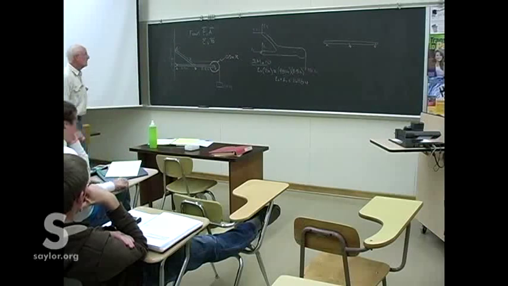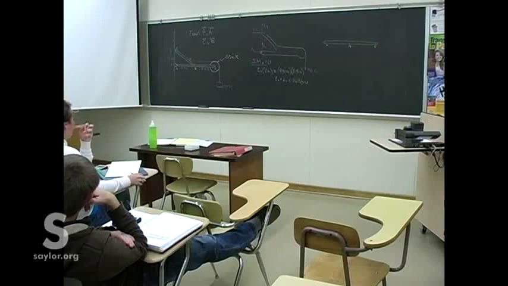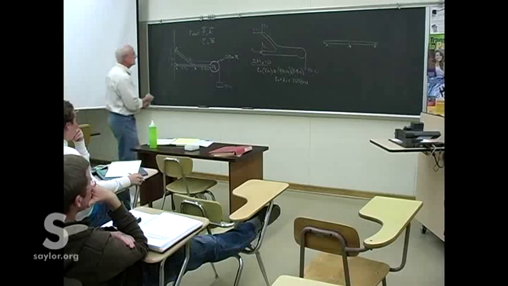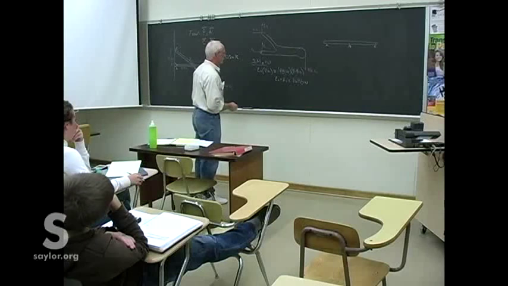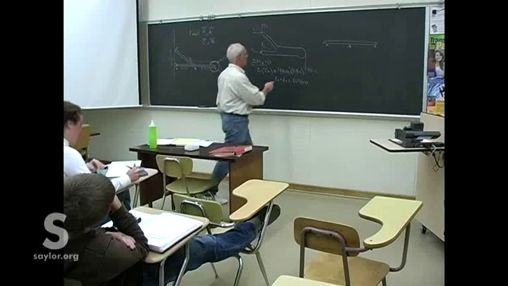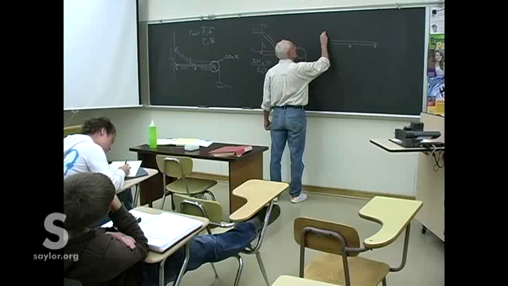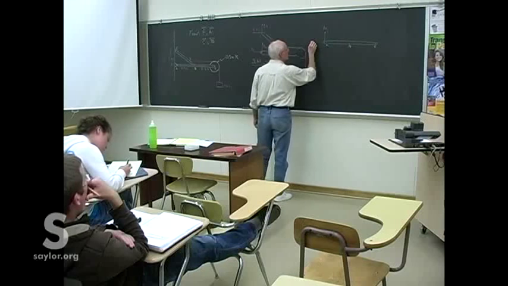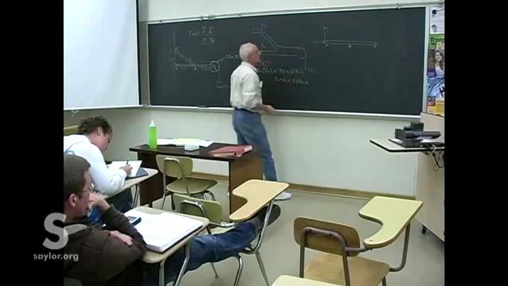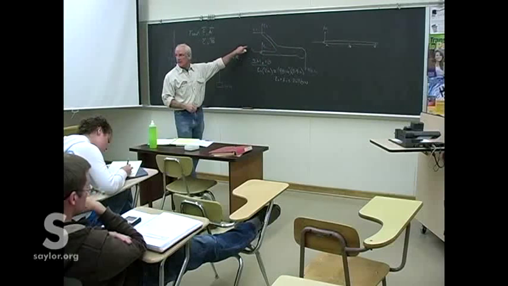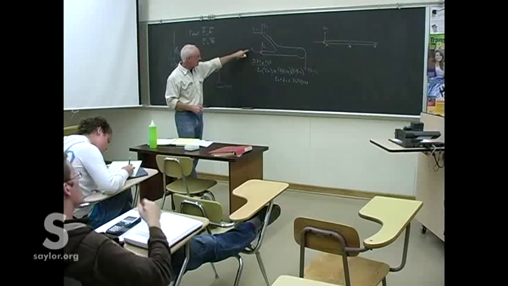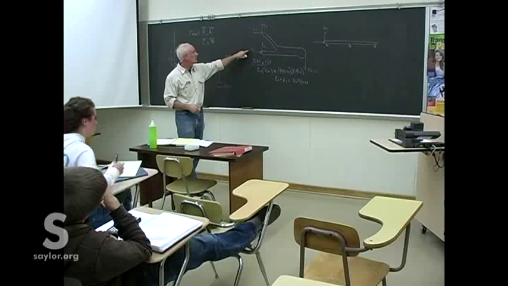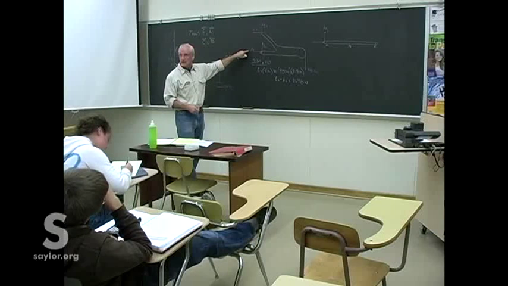Trouble with that, we do know AX, so at least we are bringing some known into it, so that's kind of a help. Let's see, we still don't know AY. We do know AX, same way I drew them here. Remember, AX came out as positive, so we were right with that one.